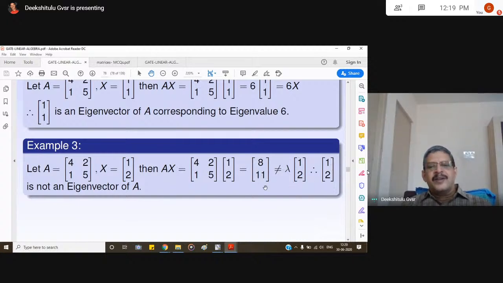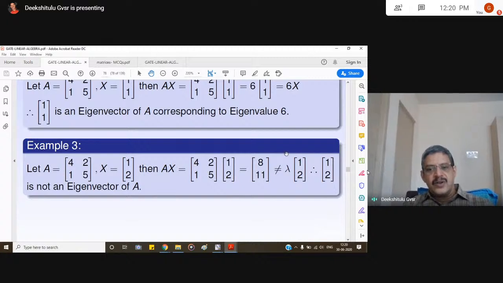So 1 2 is not an eigenvector. If you can write it with some real number, need not be an integer even, then you can call x an eigenvector. But such a relation is not valid here. So the given vector 1 2 cannot be an eigenvector of A.